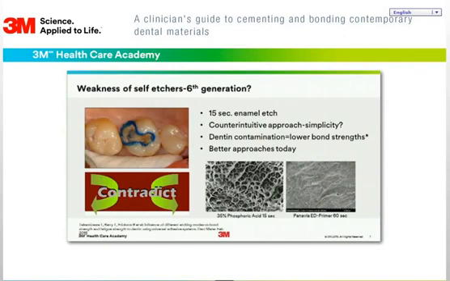Because using an acidic primer with a pH that is higher than that of the typically used phosphoric acid, they discovered that enamel does not etch well, as you can see here. Look at the differences here between phosphoric acid and a self-etching primer.